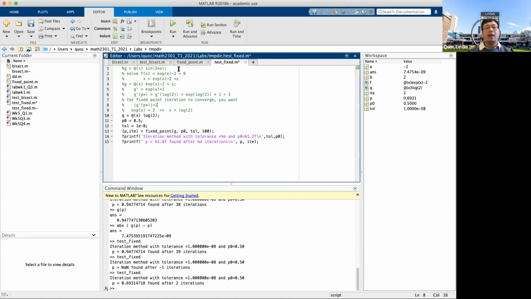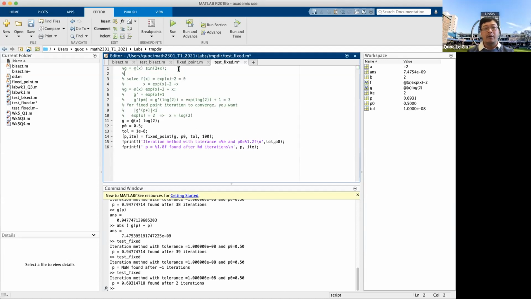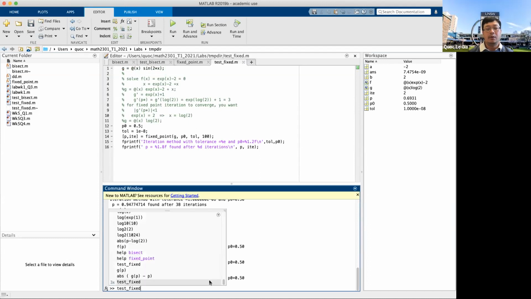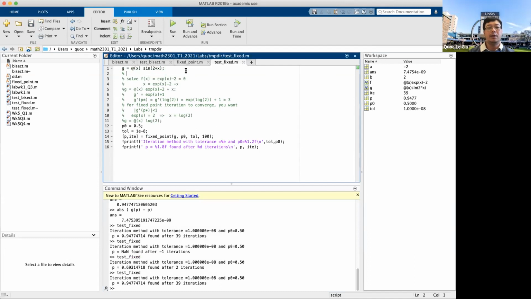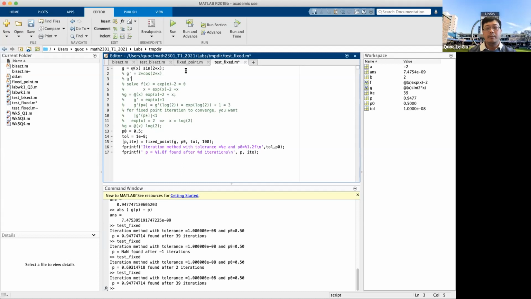And in the first case, if we go back to this one and run it, you get convergence. And why is that? Well, what is g prime in this case? g prime is 2 cosine of 2x. And what is g prime of p star? We don't know p star exactly, but we know p star is very close to this value.